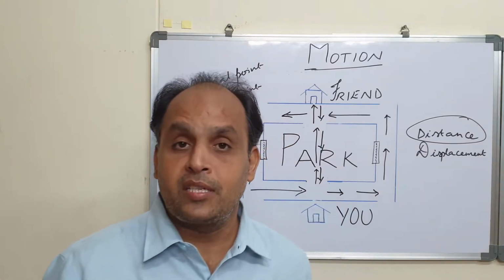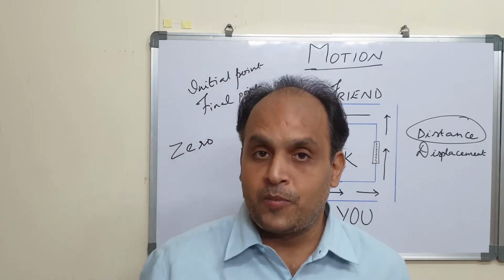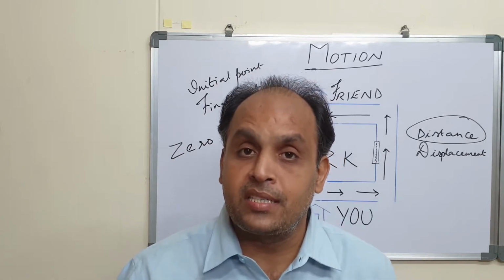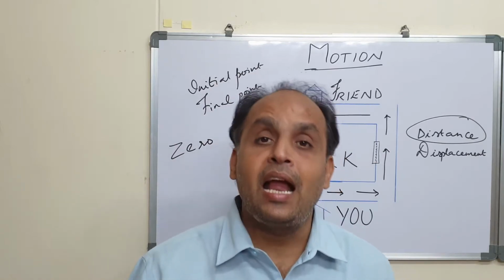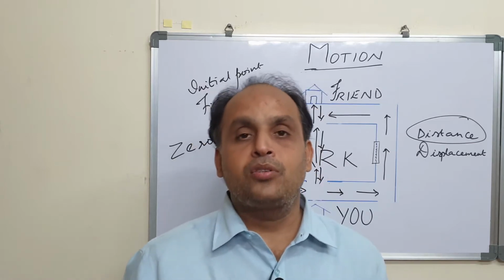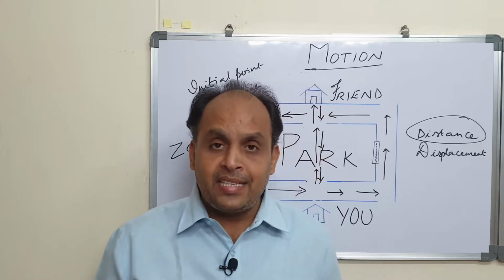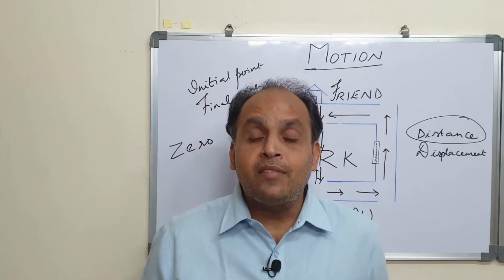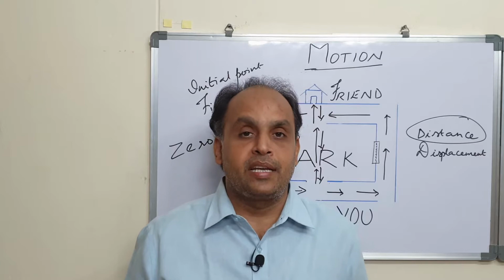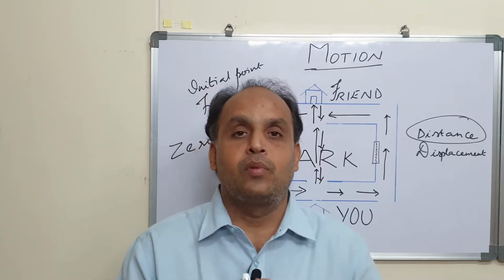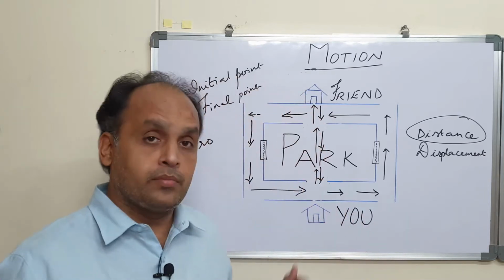Now, why is it 0? Because according to the definition of displacement, it is the shortest distance between the initial and final points and also in a particular direction. In this case, we do not have two different points, initial and final points. They are one and the same. That's your house.